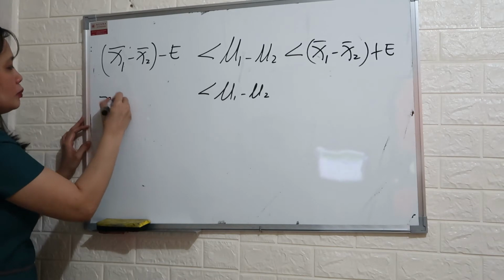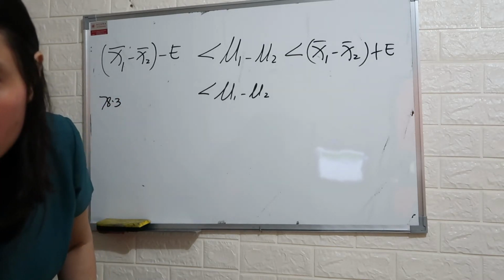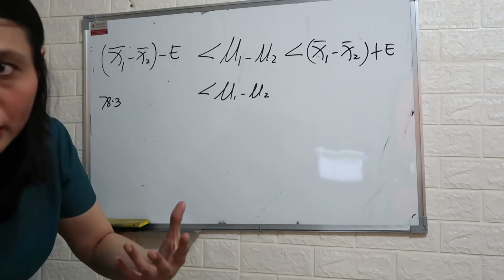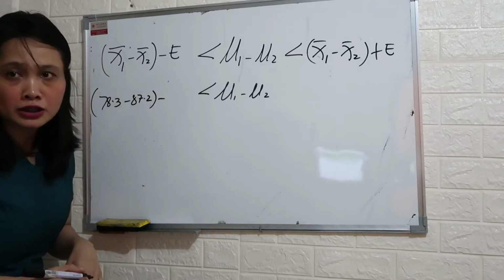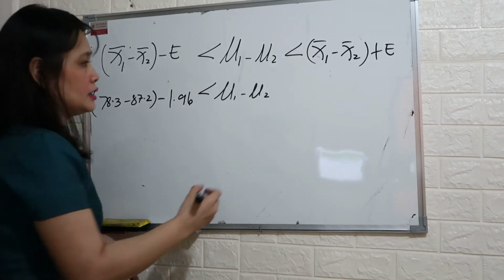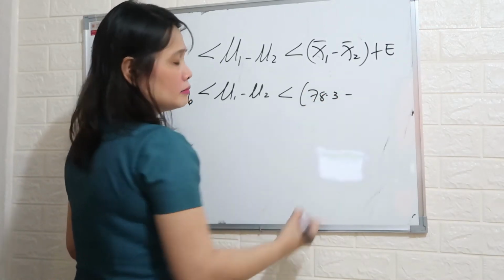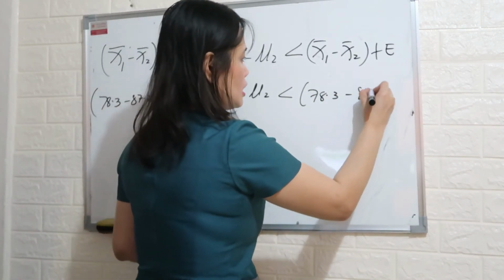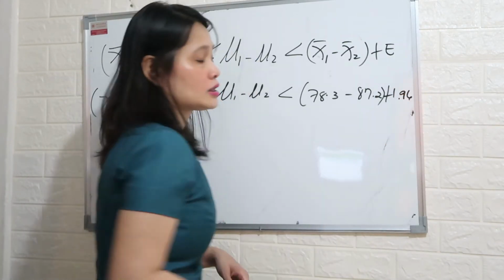So we have 78.3 minus 87.2 minus 1.96, and the other one is 78.3 minus 87.2 plus 1.96.